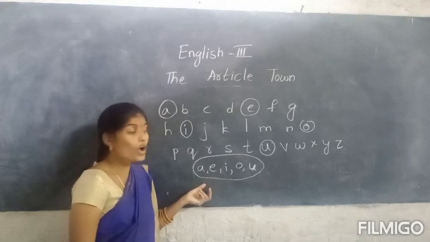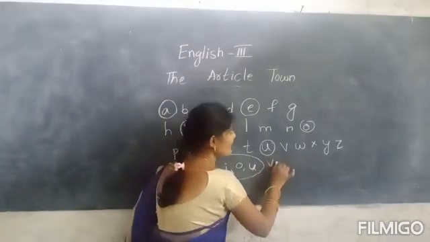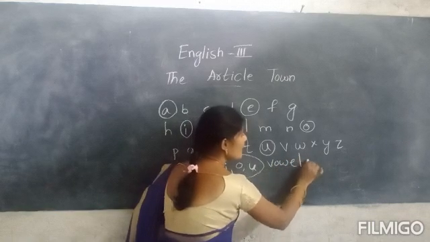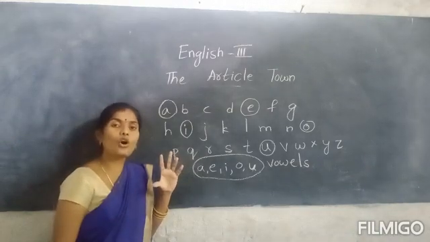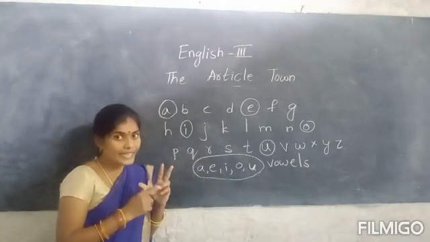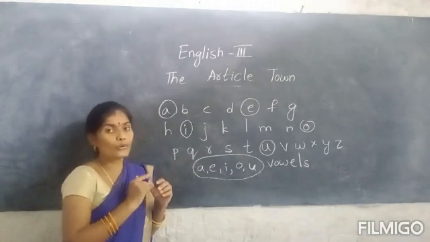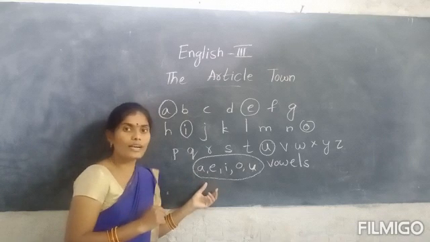These are the vowels. What are vowels? A, E, I, O, U. These 5 letters are called vowels.